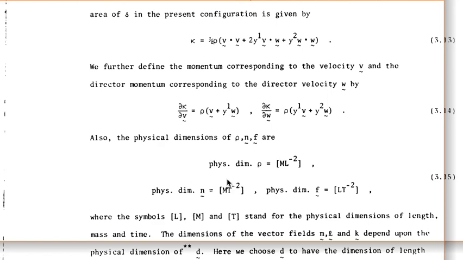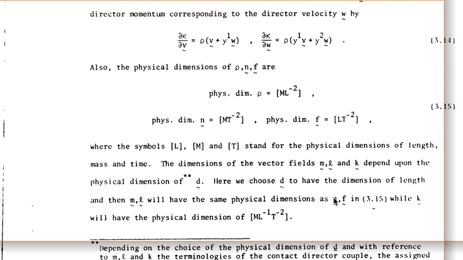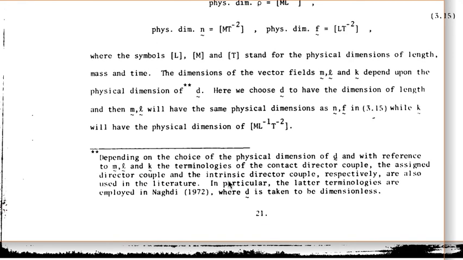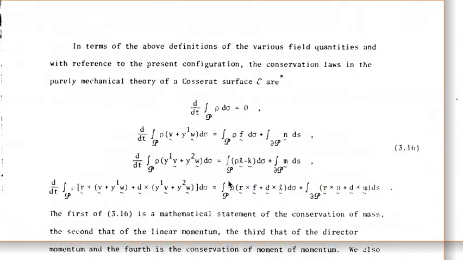Here they have also given the dimensions of all of these quantities. So basically they are either force per unit length, or force per unit mass, or force per unit area, like that.